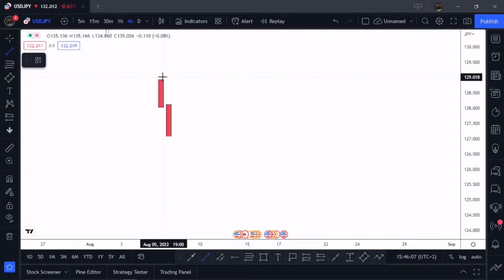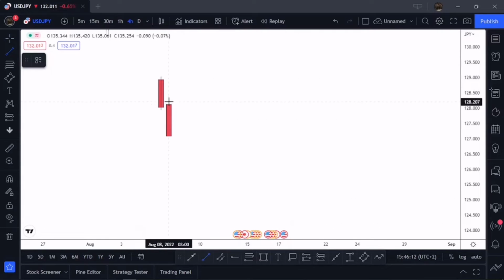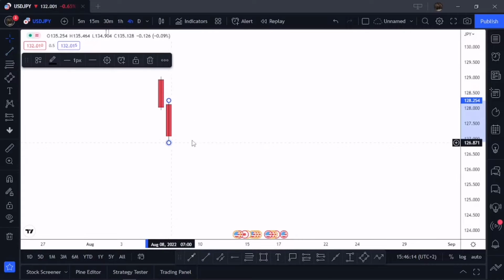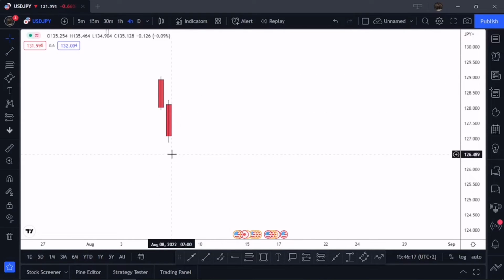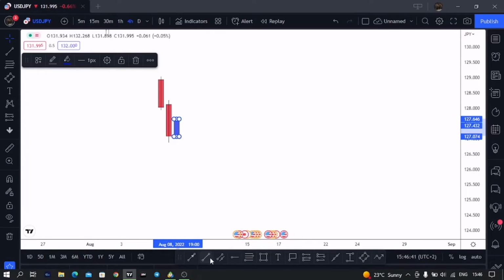And then you're going to have your wick. From here, let us say we also have another candlestick somewhere around here, right? Another bullish candlestick.